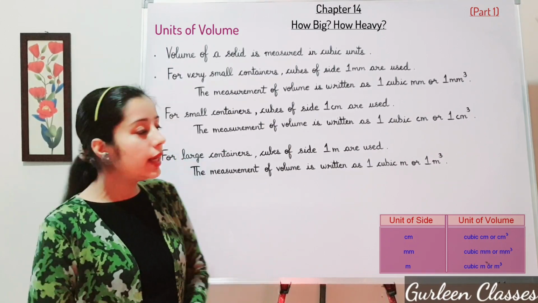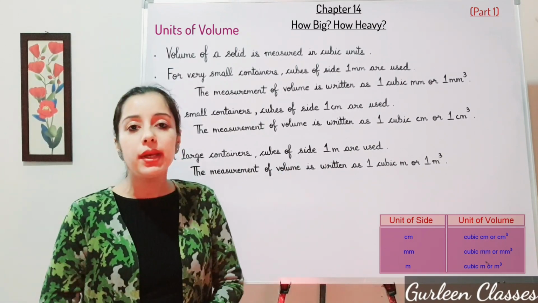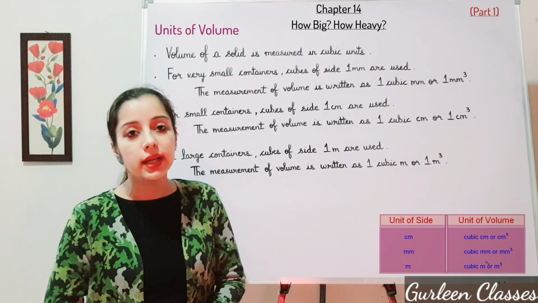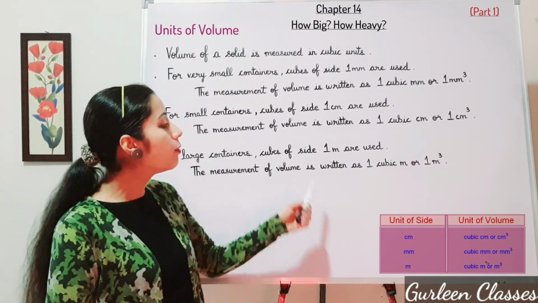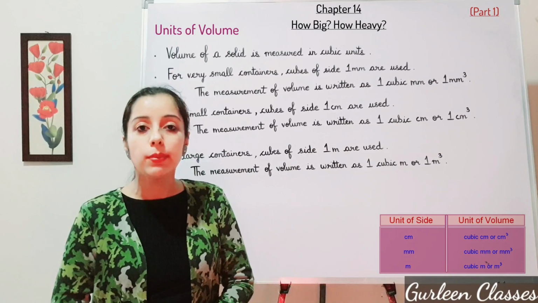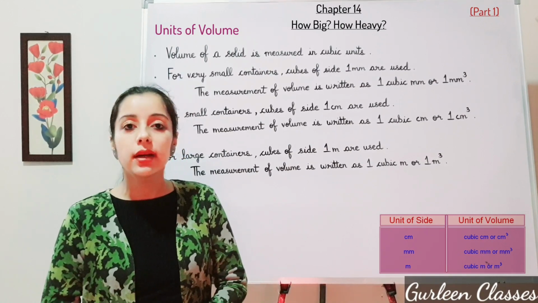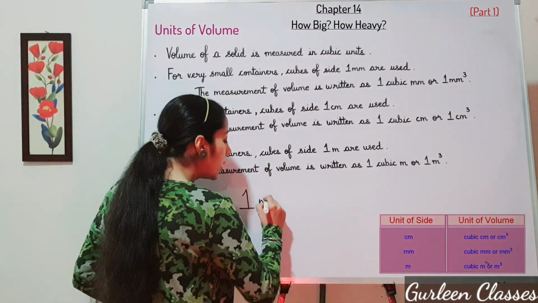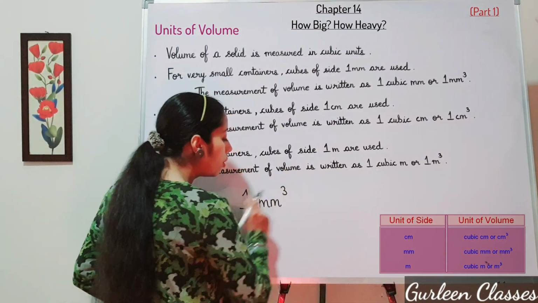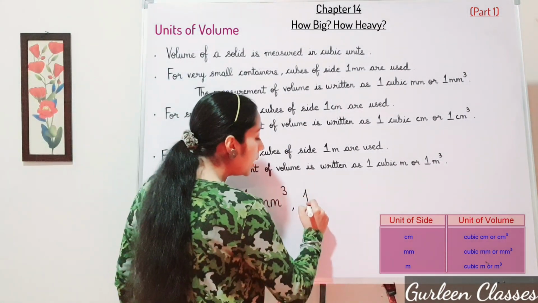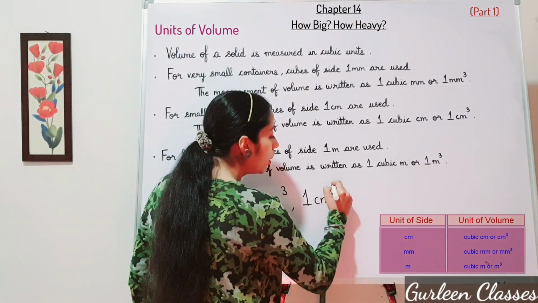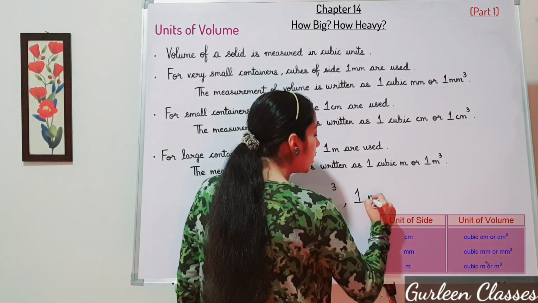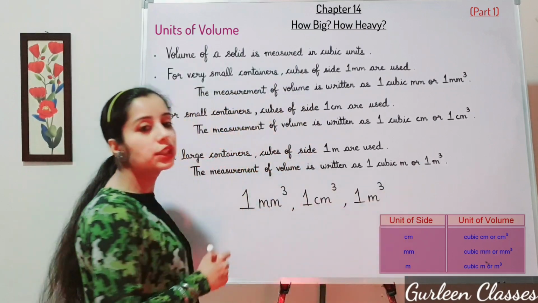Then for large containers, cubes of size 1 meter are used. The measurement of volume is written as 1 cubic meter or 1 meter cube. So the units are 1 mm cube for very small containers, 1 centimeter cube for small containers and 1 meter cube for large containers.